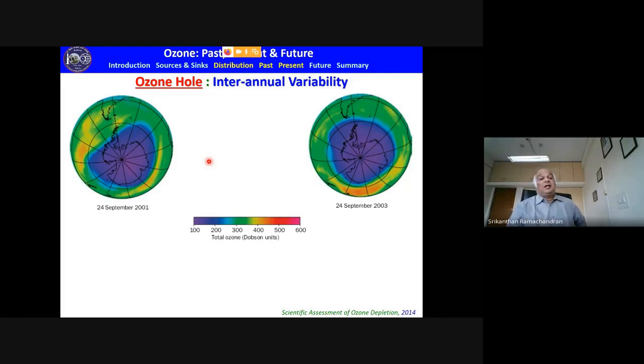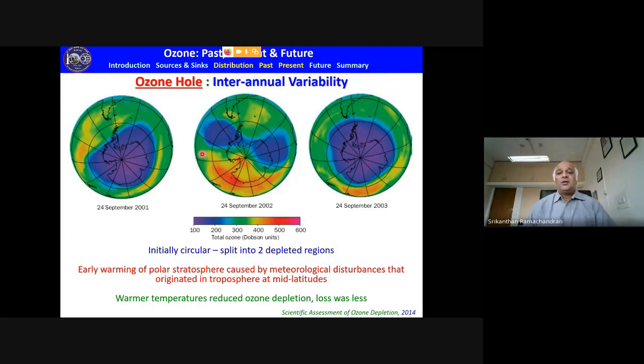The answer is no. Here you are looking at the same day in two years, 2001 and 2003, over the Antarctic, when the ozone hole is fully evident, with decreases in ozone on the order of about 100 Dobson units or so. Now, in 2002, you can see that on the same day the ozone depletion looks very different.